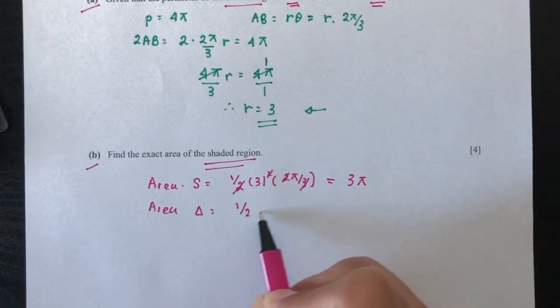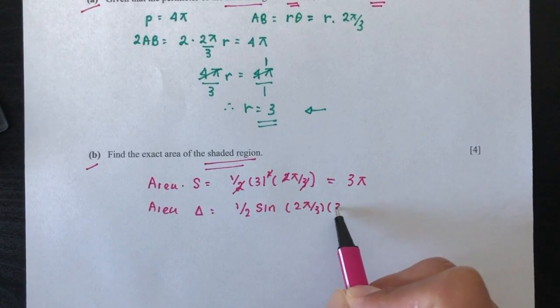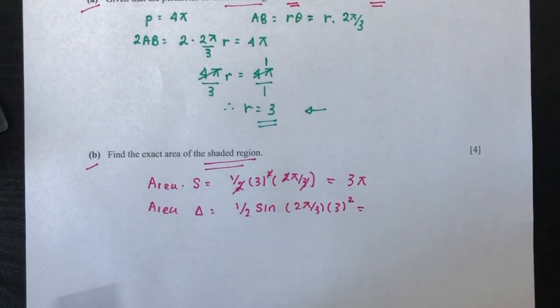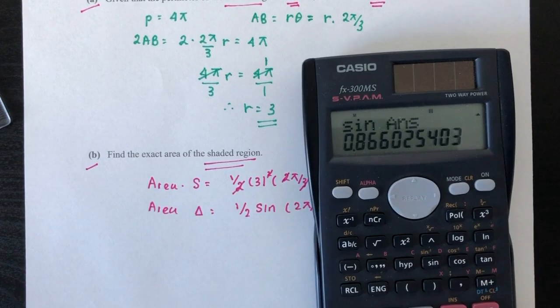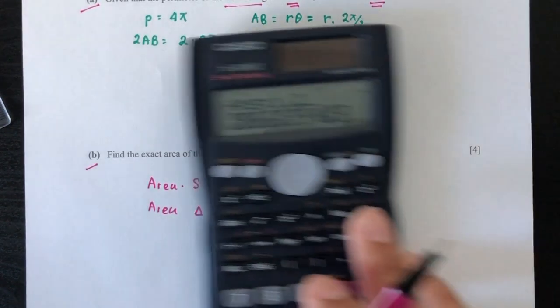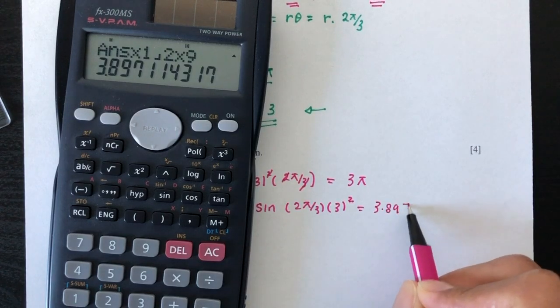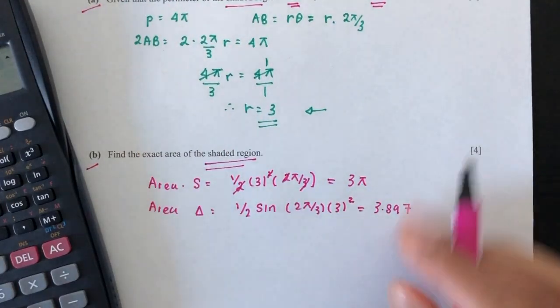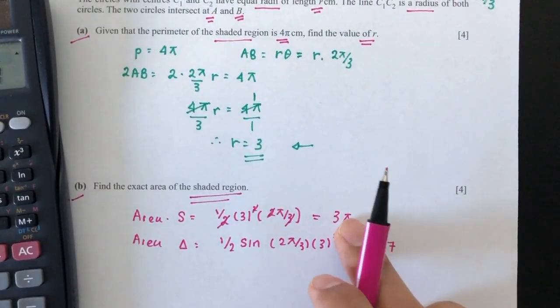That will be half times 3 times 3 times sine of the angle 2 pi over 3. That becomes 3.897.